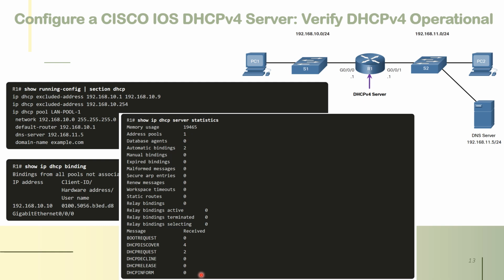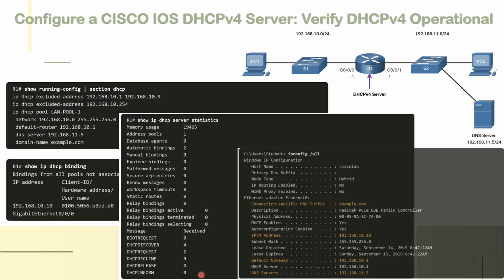Now we will go and see if the client is able to receive an IPv4 address. For doing that, we have to go in our PC1 at the command prompt, and by using the ipconfig/all, we will display the TCP IP parameters as it is shown here in this example.